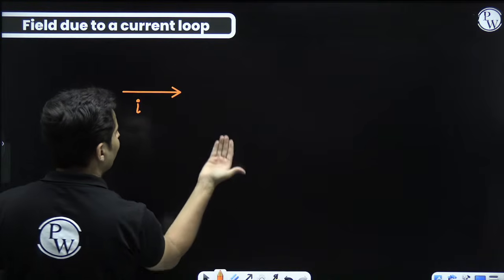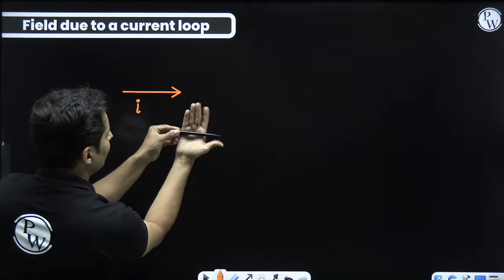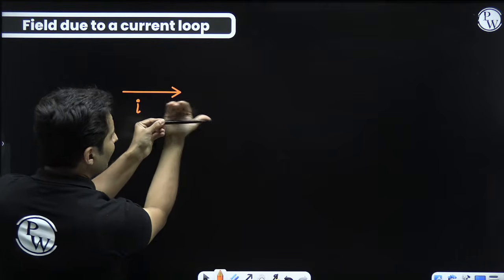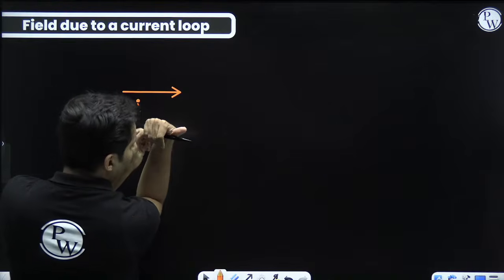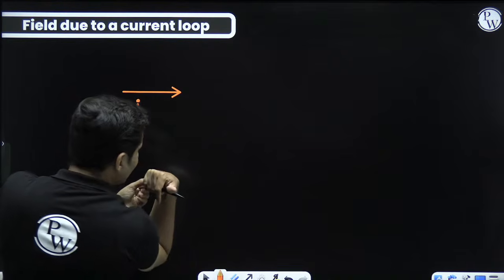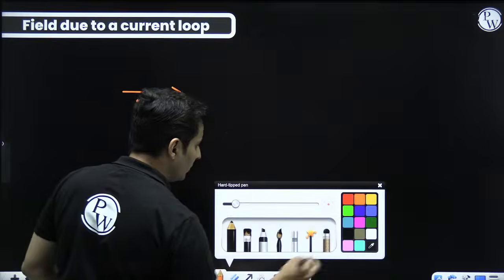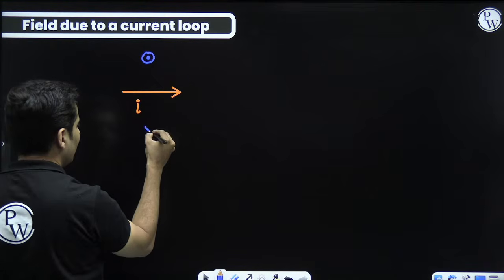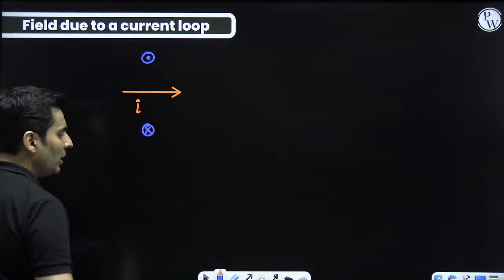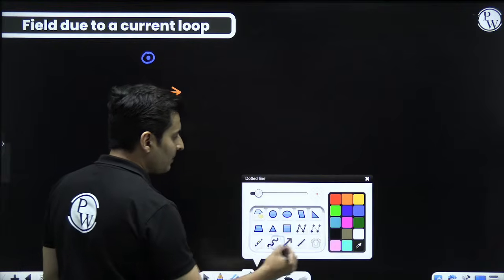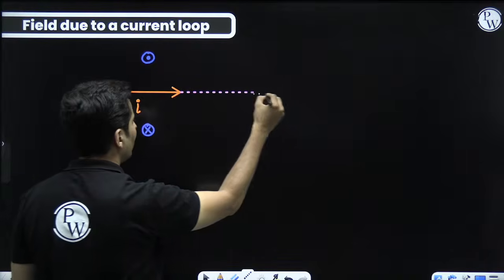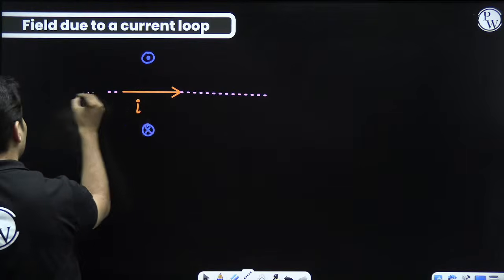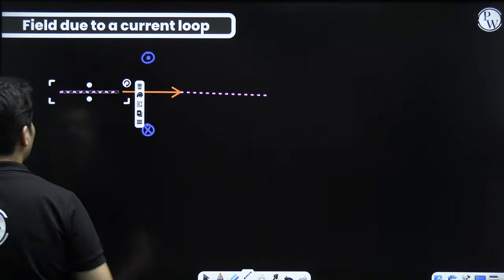So the magnetic field will go from behind this wire and come towards you from the top, and it will go below and go inside the plane of the board. But what will happen if I stand anywhere on this line, or even over here or over here?